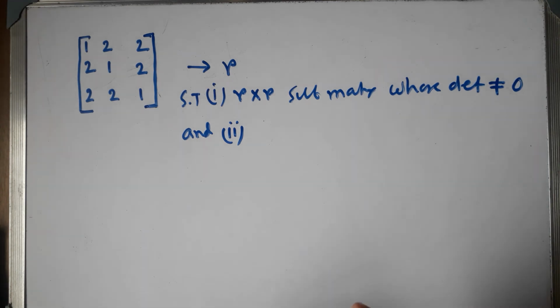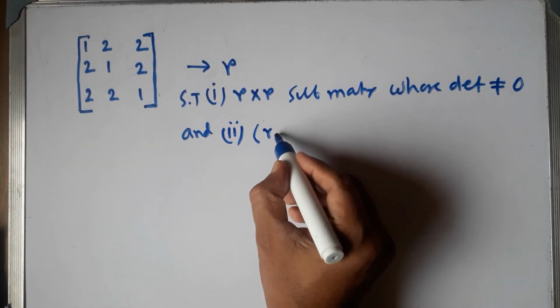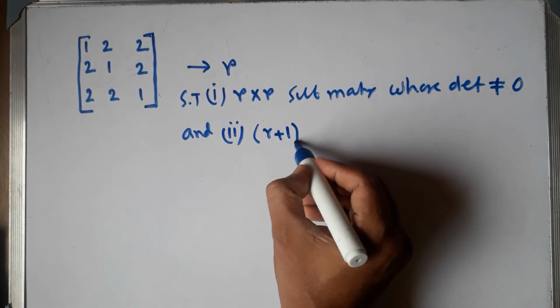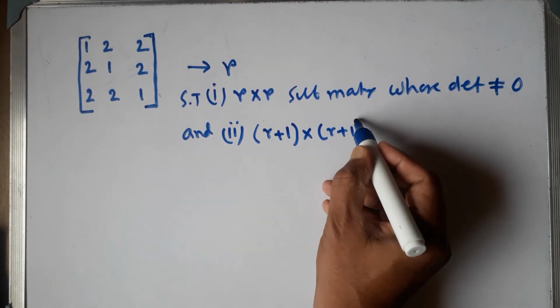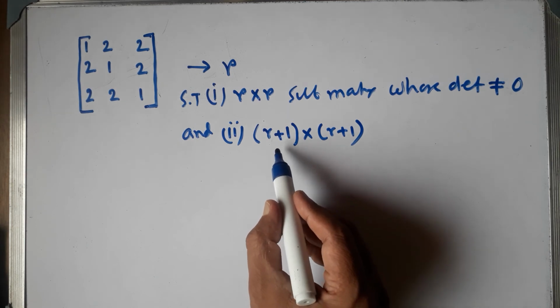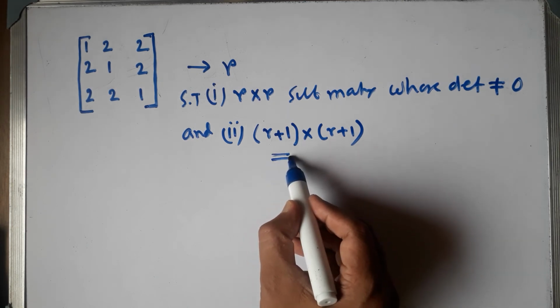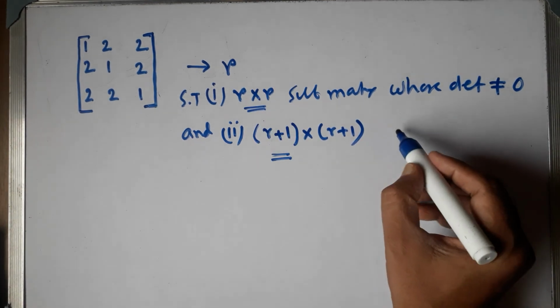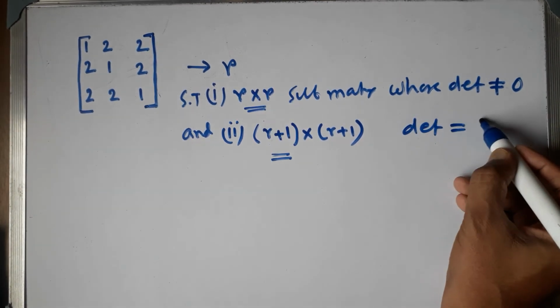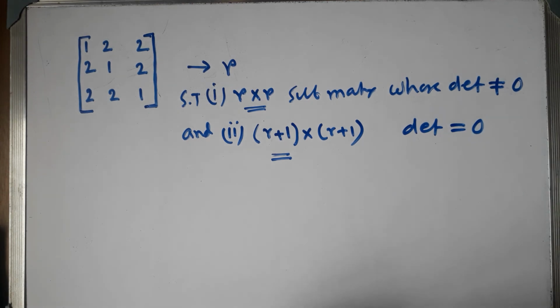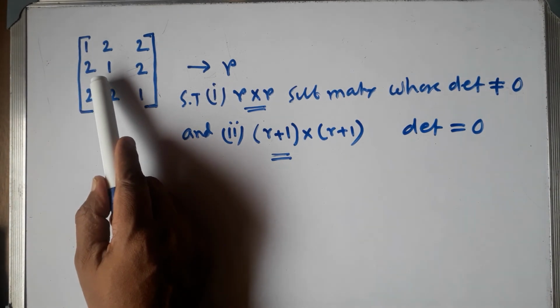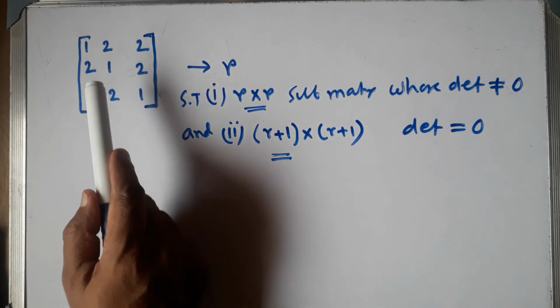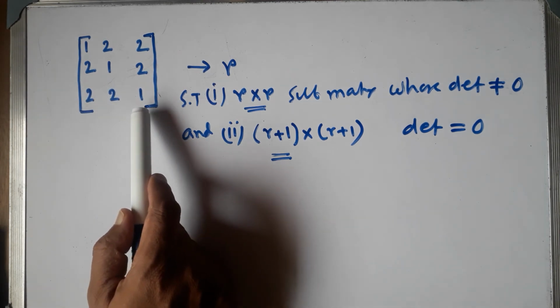That means if we consider a determinant of order r plus 1 cross r plus 1, whose order is more than this matrix, then this determinant will be 0. So when you say that the rank of this matrix is 2, that means the third order determinant is 0.